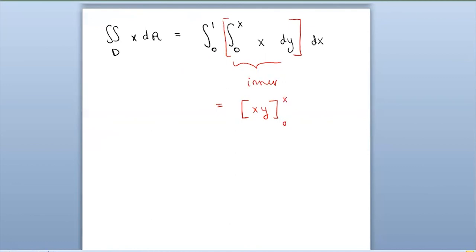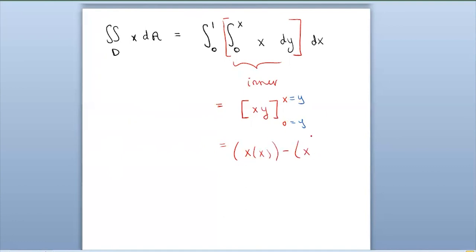Now we have to be very careful. We are integrating with respect to y. And so these limits of integration are my y values. So at this point, we're not plugging anything in for x. x is just hanging around, right? We keep the x. And when I evaluate at my upper limit, x goes in for y.